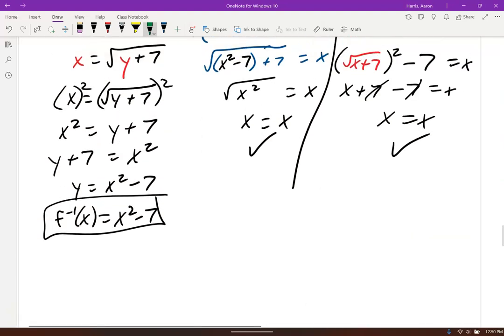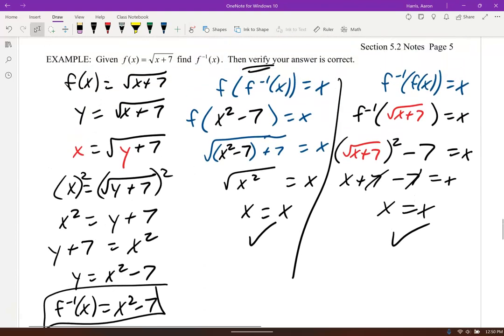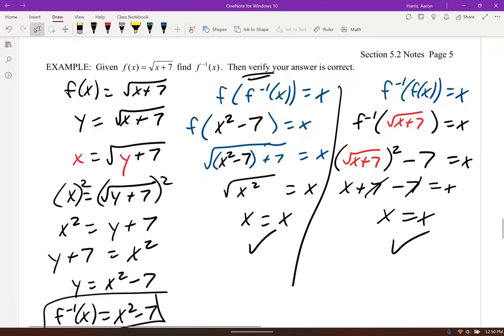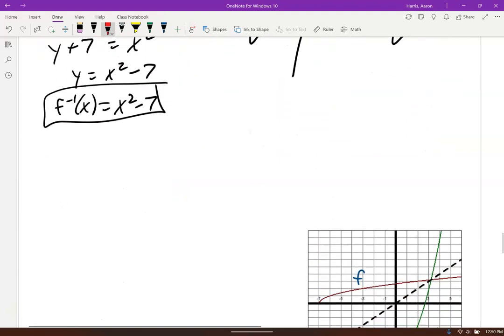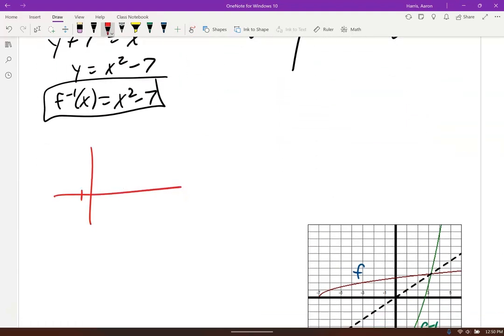If you look at this square root of x plus 7, notice right here, at this step, we had to square both sides. So you've got to be a little careful here when you're squaring both sides to undo that as far as your domain is concerned. Square root of x plus 7 is the square root function, but it's moved left 7.